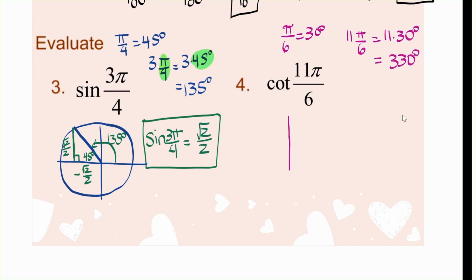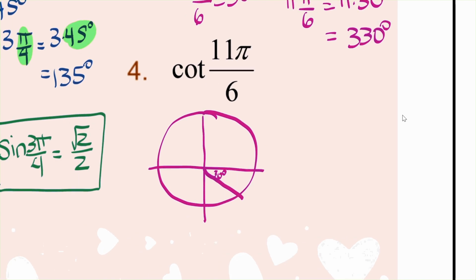So if I consider the unit circle, I'm going to be in the fourth quadrant. Here's 30 degrees right in here, but I want to zoom in on 30 degrees. Draw my side up. Here's my right angle.